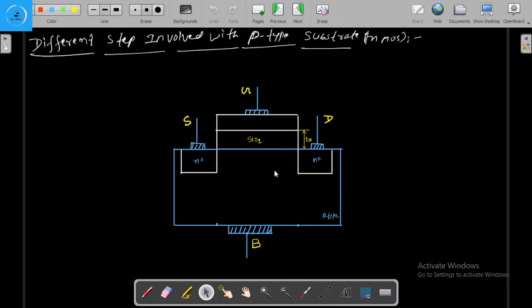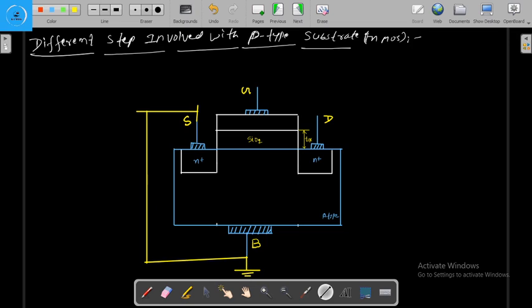Our next topic is this. Here we are making the connection like this. We are connecting the source with the body, and we are grounding it. Now we are also connecting the drain to ground.